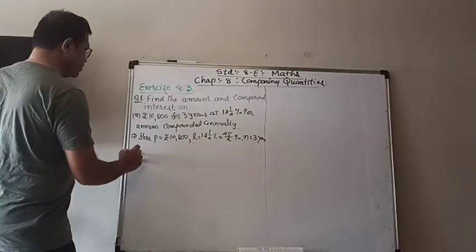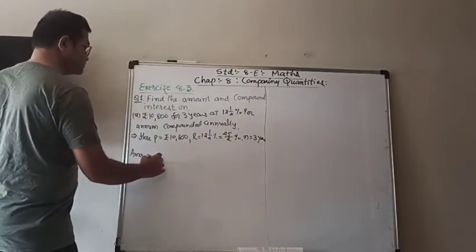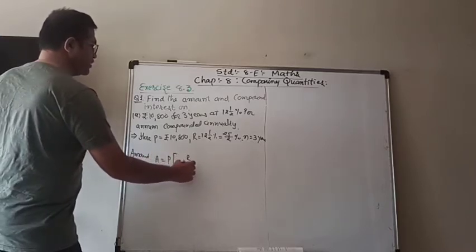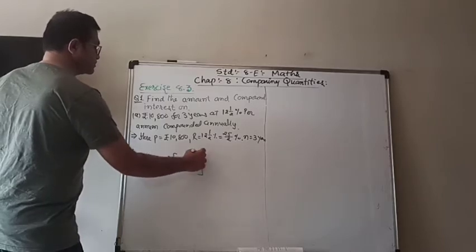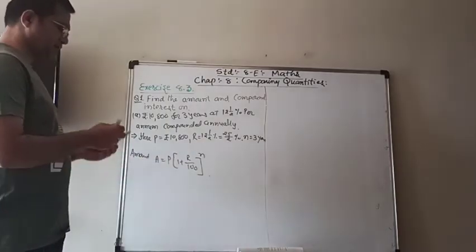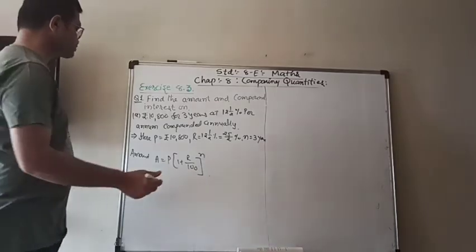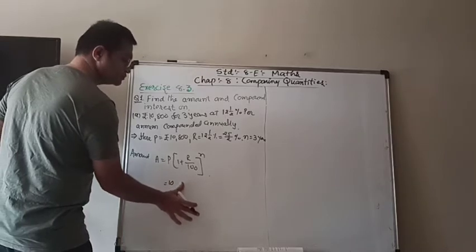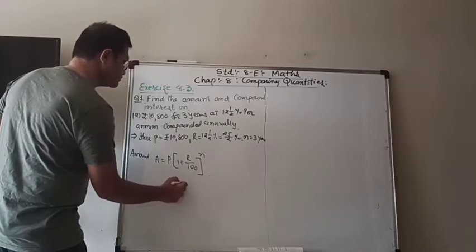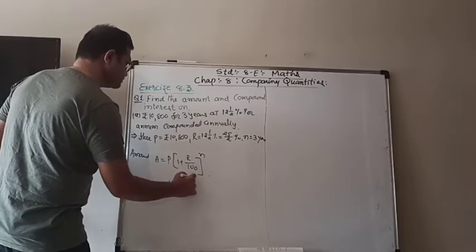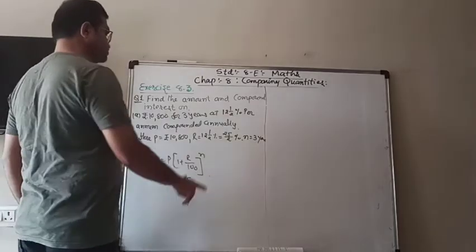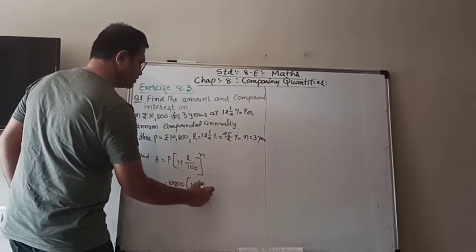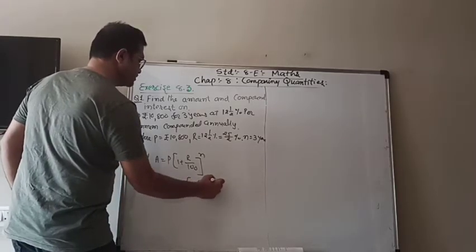So now amount A is equal to P into bracket 1 plus R upon 100 raised to N. So that is 10,800 into bracket 1 plus 25 upon 2 into 100 raised to 3.